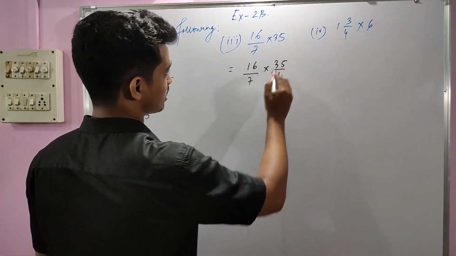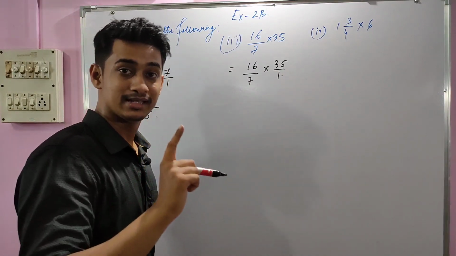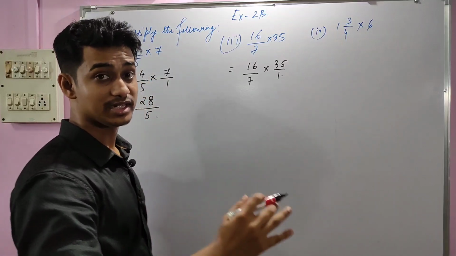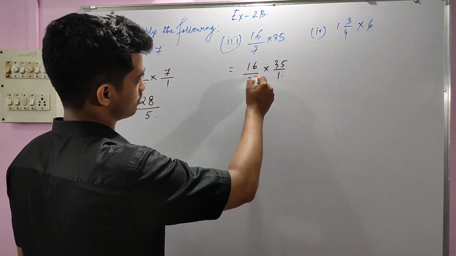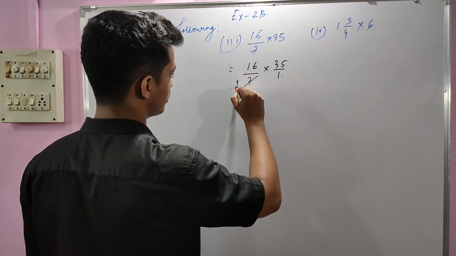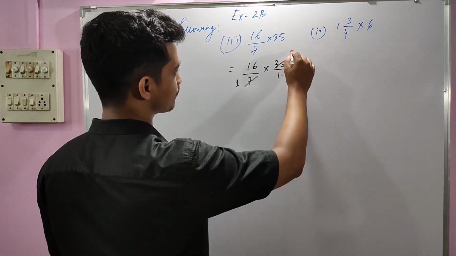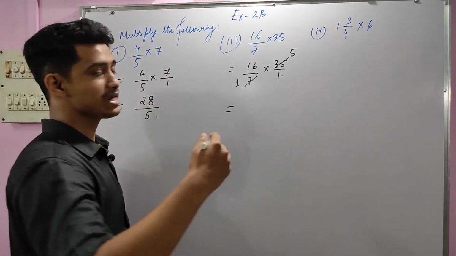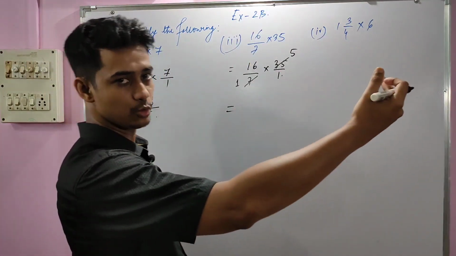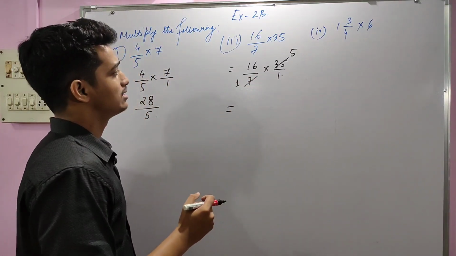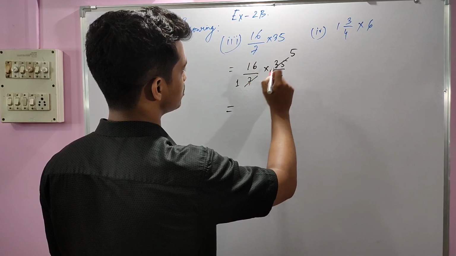Now 7 and 35 have a common factor, that is 7 only, because we can write 35 as 7 into 5. So 7 into 1 will be 7, so 1 will remain, and 7 into 5 will be 35, so 5 will remain. So when 7 gets cancelled out in the numerator as well as in the denominator, what is the answer that is remaining? That is 16 into 5.